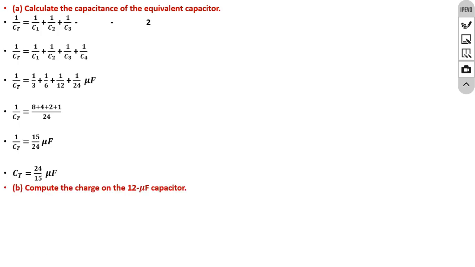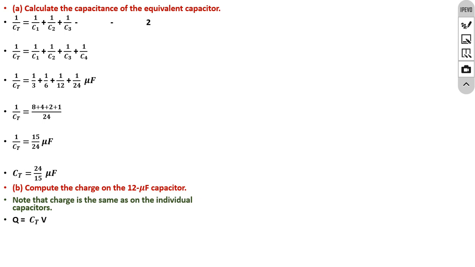The next one said compute the charge on the 12 microfarad capacitor. So you have to note that charge is the same as on the individual capacitors. So if you are asked to find the charge, it's the same across the individual capacitors.